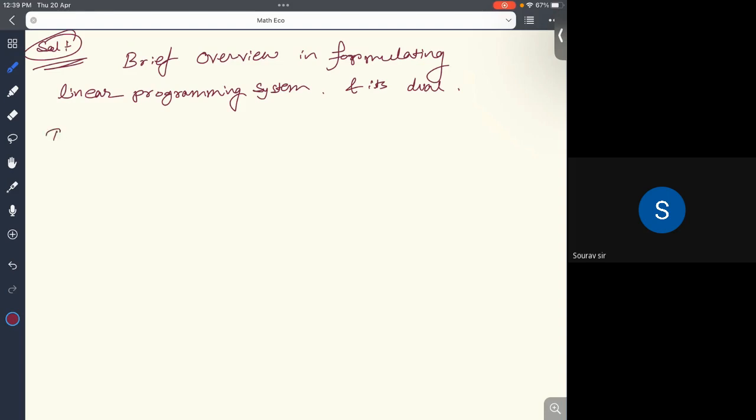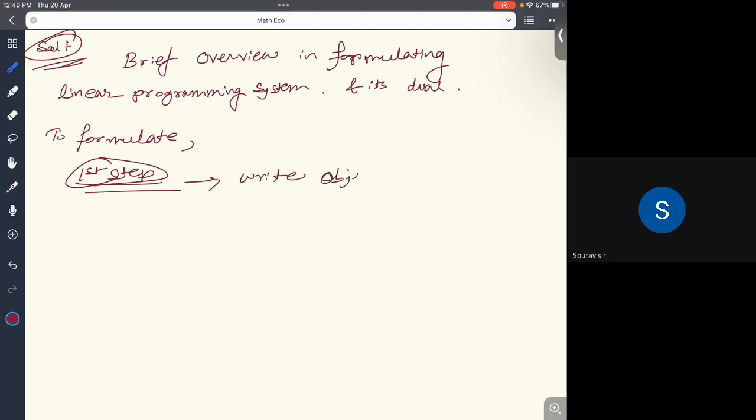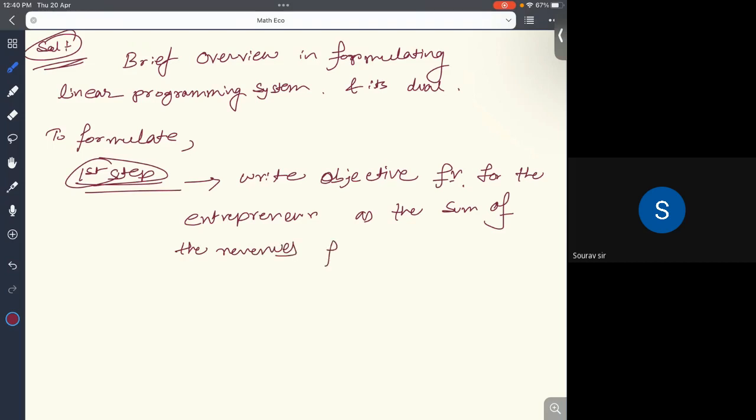So what will be the objective function for the entrepreneur as the sum of the revenues from each output?